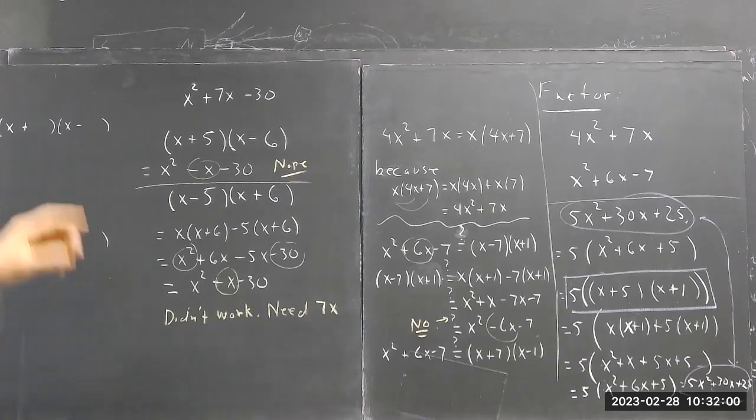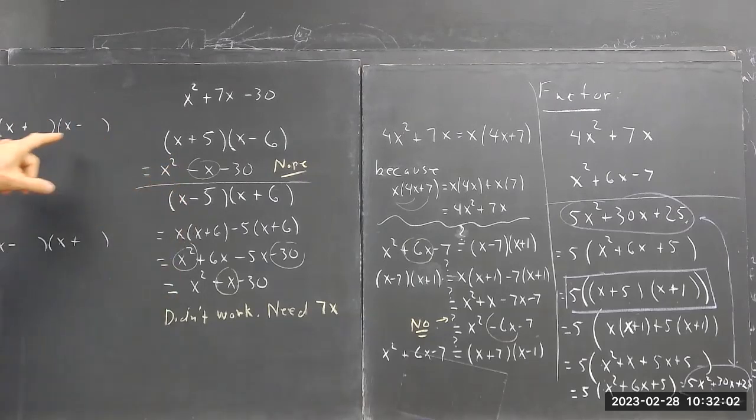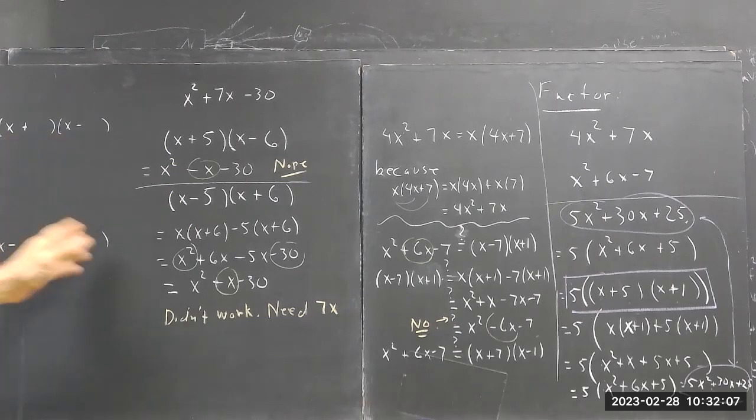Two numbers that multiply out to 30. Put one of them with a minus, one of them with a plus, and then do it the other way. Okay, so looks like everybody chose 10 and 3.